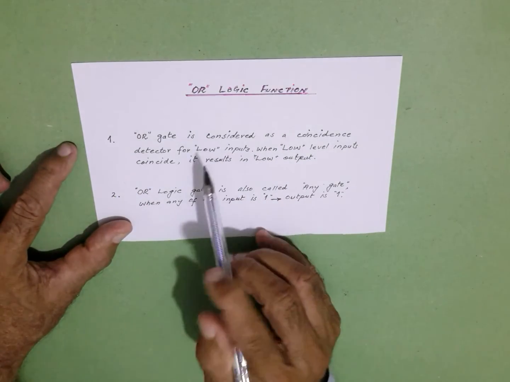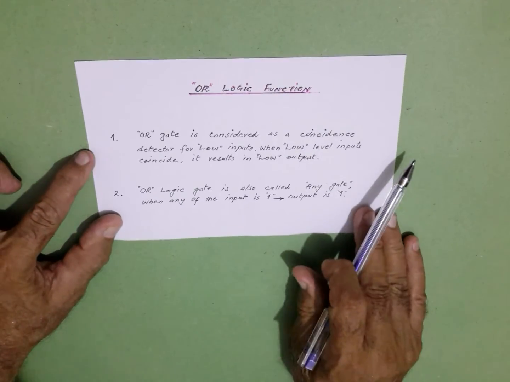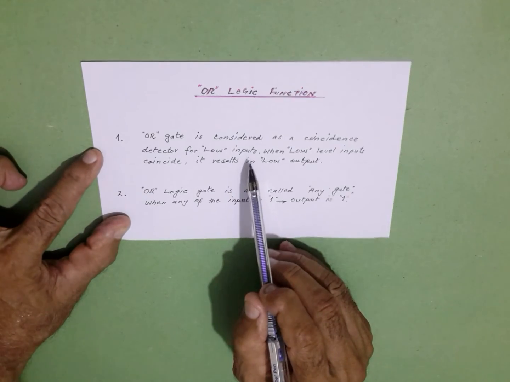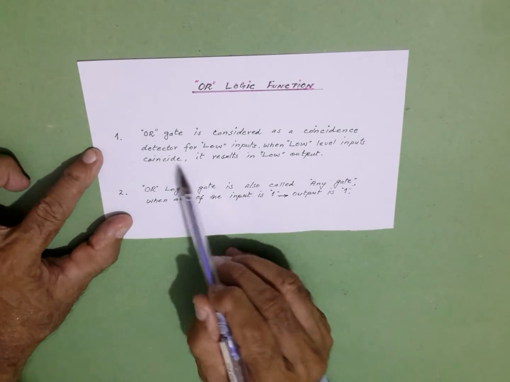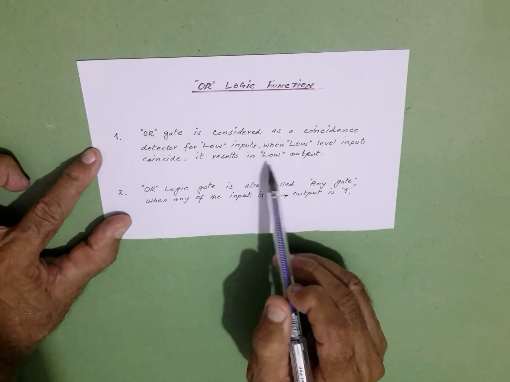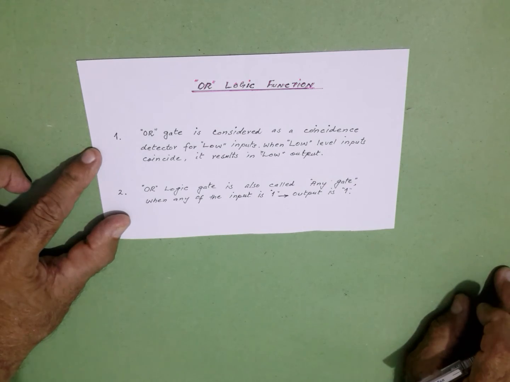The OR gate is considered a coincidence detector for low inputs. When low level inputs coincide, it results in a low output. Why? Because when input A is 0 and B is 0, the output is 0.